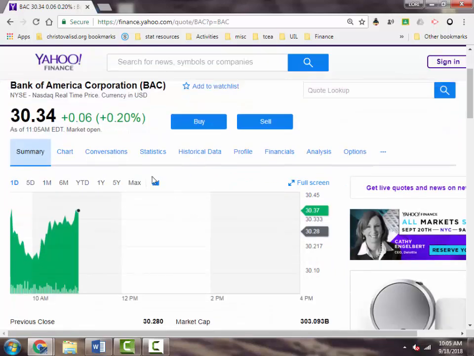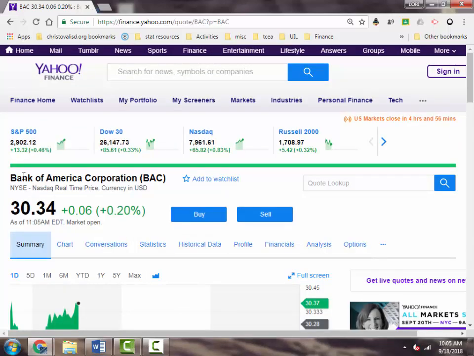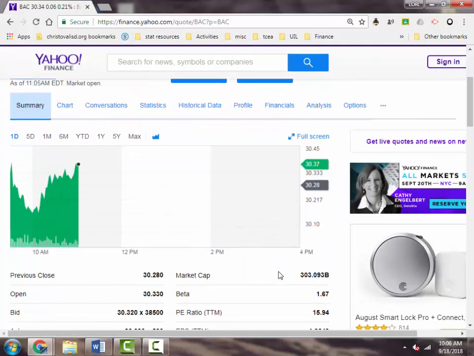What's nice about this is I can see the name of the company, what its ticker symbol is, and what it's currently trading at. If you look down here in the red, you will see the current volume, where it says 104.83K.